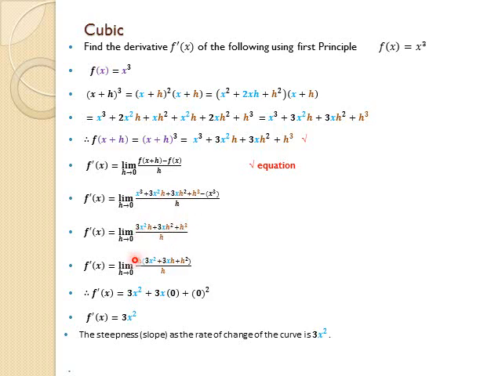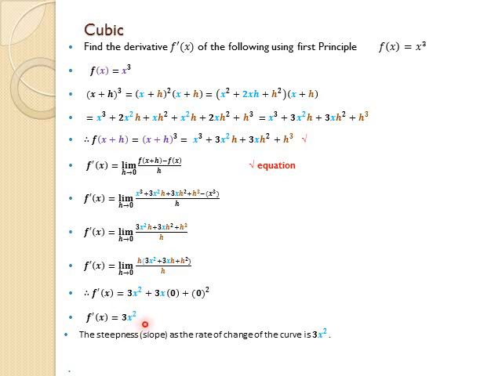Take out h as a common factor: 3x squared h divided by h gives 3x squared, 3xh squared divided by h gives 3xh, h cubed divided by h gives h squared, all over h. h and h cancel, so I'm left with 3x squared plus 3xh plus h squared. So in the place of h now, I can substitute 0, h squared, 0 squared, and that simply becomes now 3x squared.